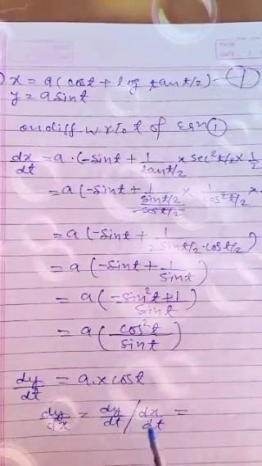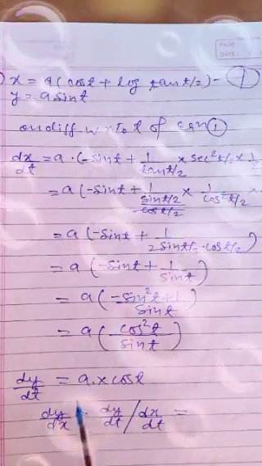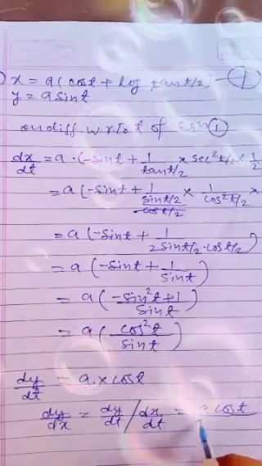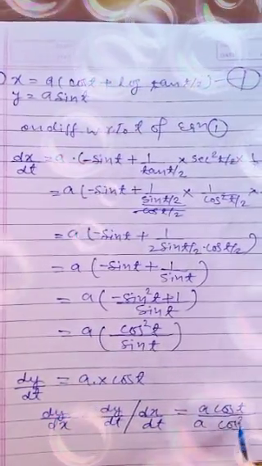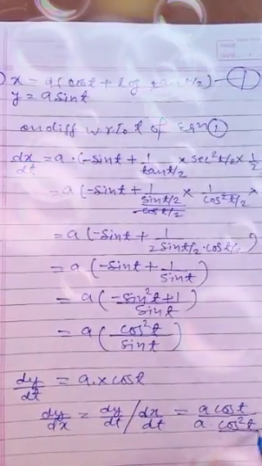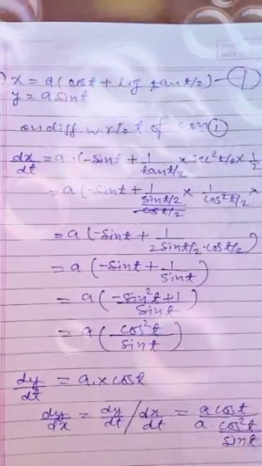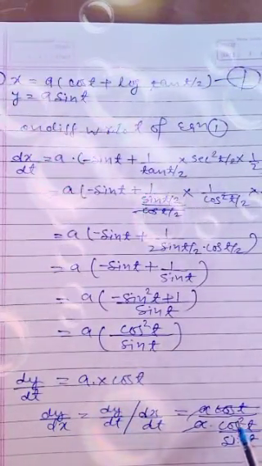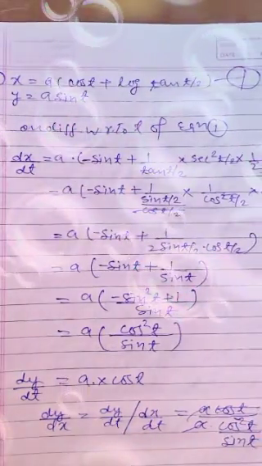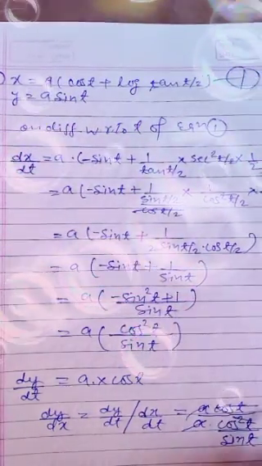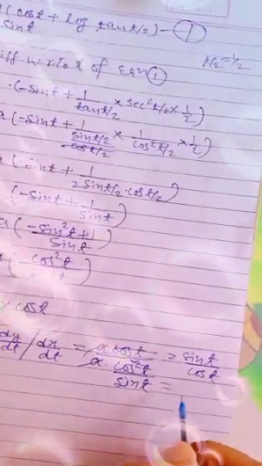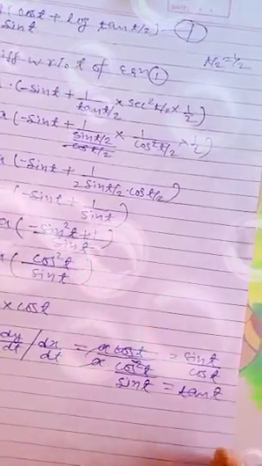So here you can write a cos t divided by a cos square t divided by sin t. Okay, so a cancels, cos t is cut one time, and sin t goes in the numerator. So sin t upon cos t, which is equal to tan t.